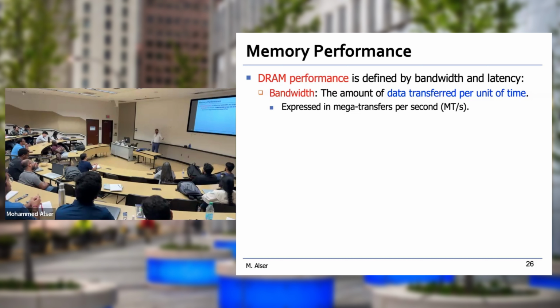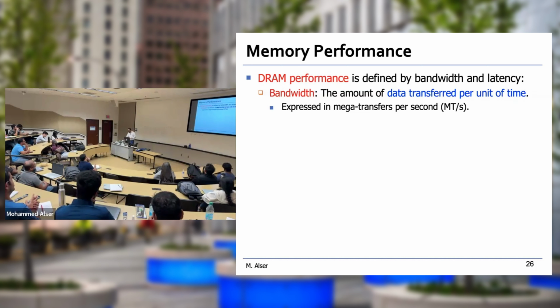Speed in transferring the data. Not only speed, but it should also be the amount of data at which we send it, right? So the speed at which we send this data means the amount of data divided over time, per second.